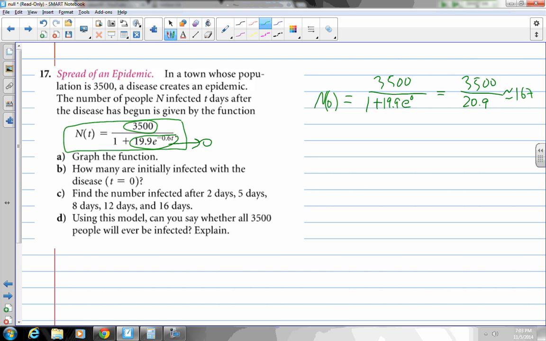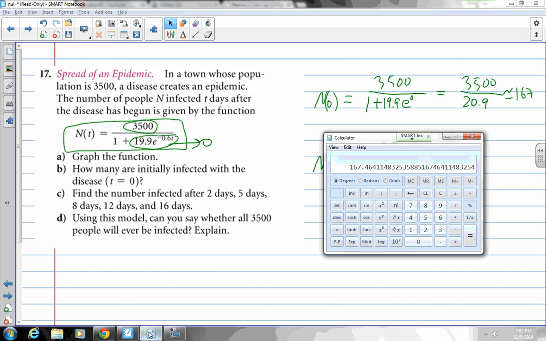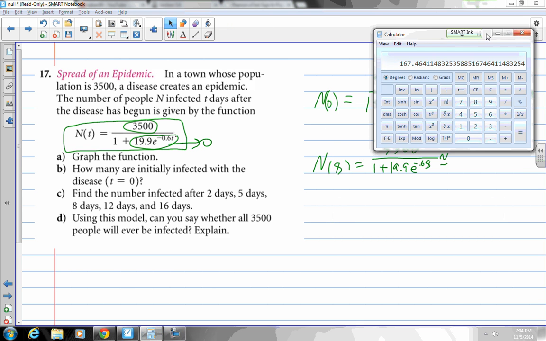Then we can find the number of infected after 2, 5, 8, 12, 16 days. So we just plug in n of 8. You just compute that straight up: 3,500 divided by 1 plus 19.9 e to the negative 0.6 times 8. You plug that in a calculator, and it will tell you how many people are expected to be infected after 8 days.